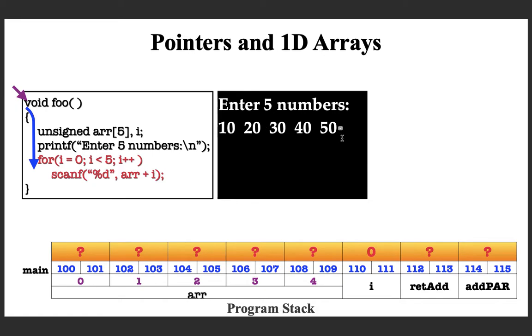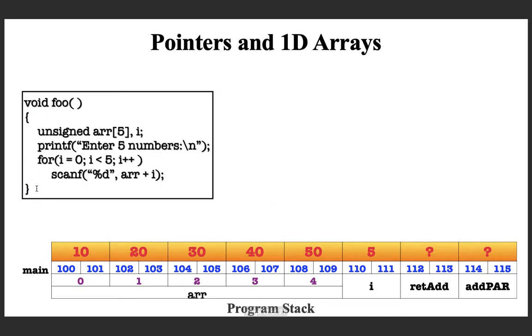Suppose you are giving these elements, then the loop can finish, and note that what it is doing is reading these elements into the positions 0, 1, 2, 3 and 4 in the array. Now the value of I became 5 and control goes out of the loop. So that's it, and I hope you are getting what I am telling.